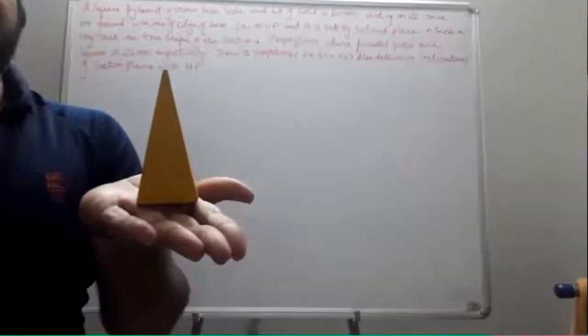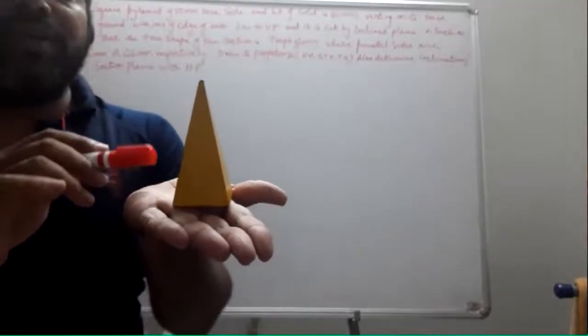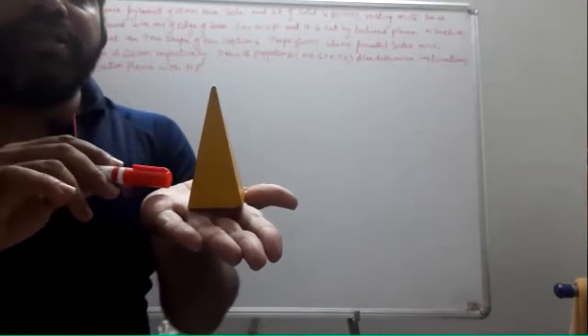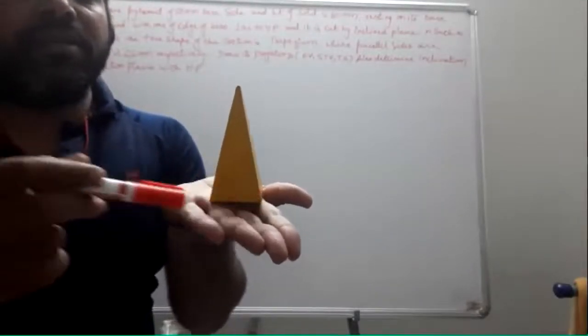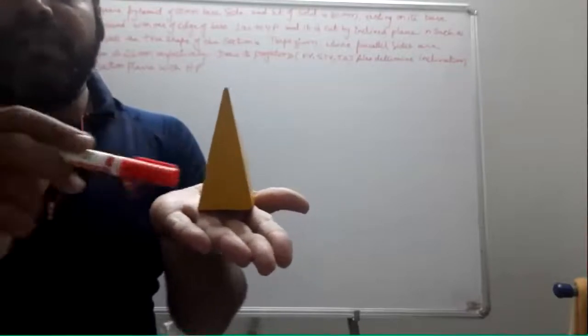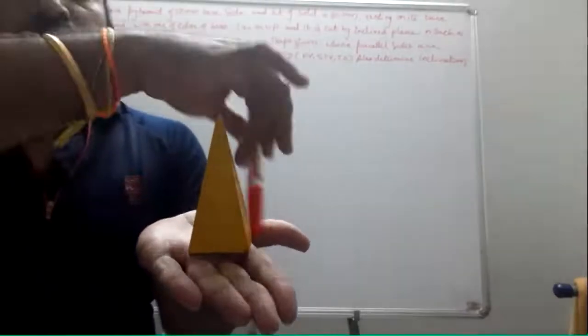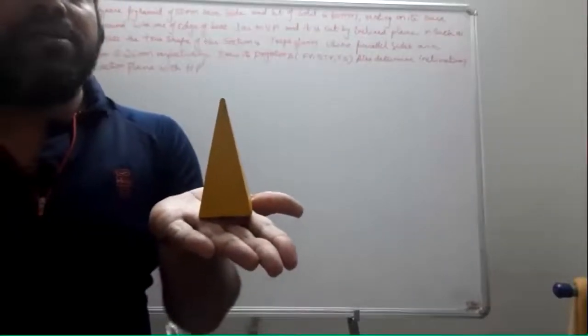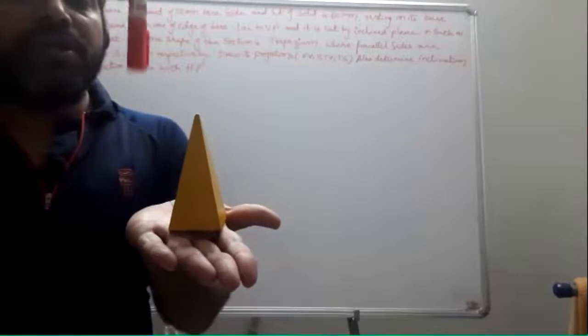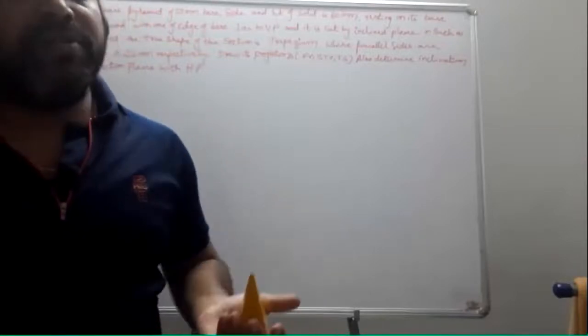The same condition holds either way, because these two edges are parallel to VP and these two base edges are perpendicular to VP. The top view will show the true shape, and it comes below the XY line. I start my simple position from the top view.